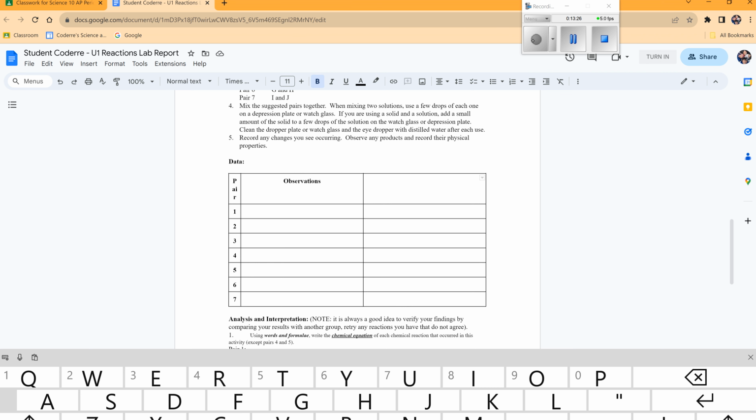And I would say observations before and observations after. You should probably have a before and an after for your observations. So if the two things you mix together were both clear, odorless solutions, you would want to list that, because maybe afterwards you get a foul-smelling precipitate, or something like that.